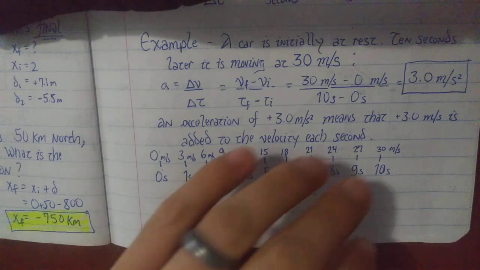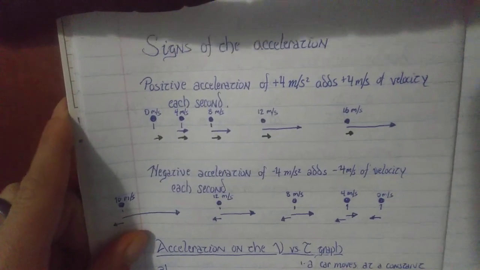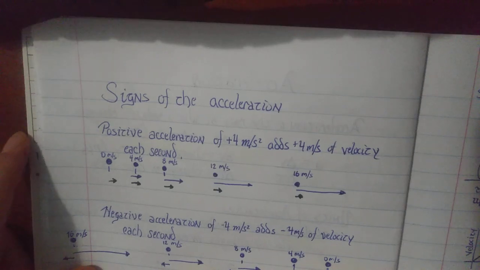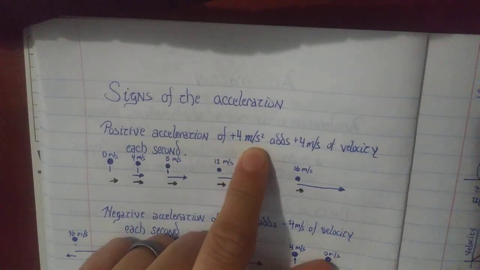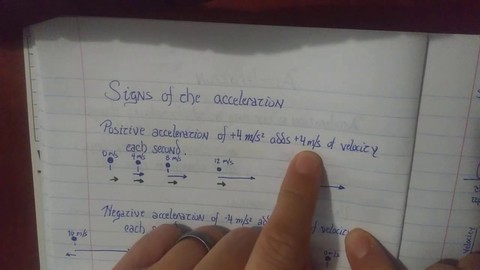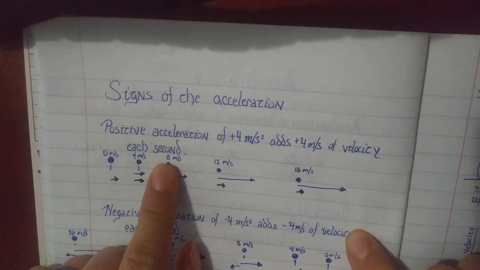Then we get into negatives and positives. Let's look at that. Signs of acceleration. A positive acceleration of 4 meters per second squared adds 4 meters per second of velocity each second that goes by.